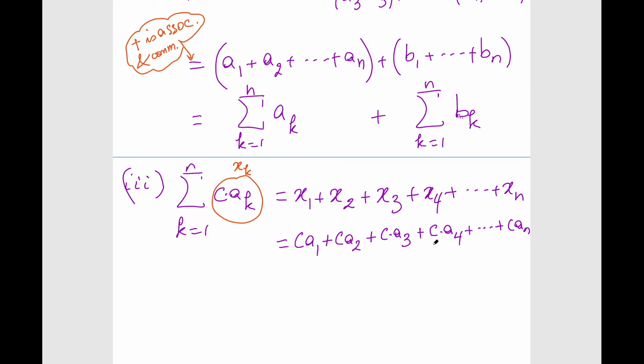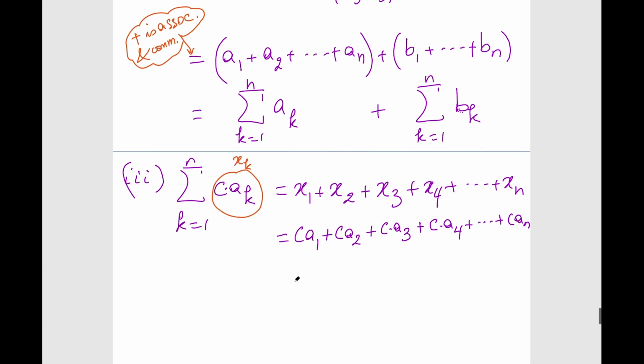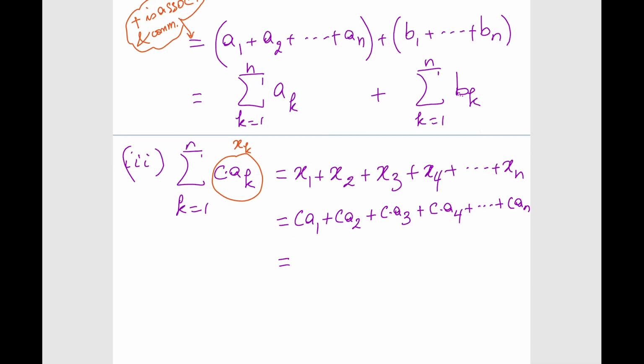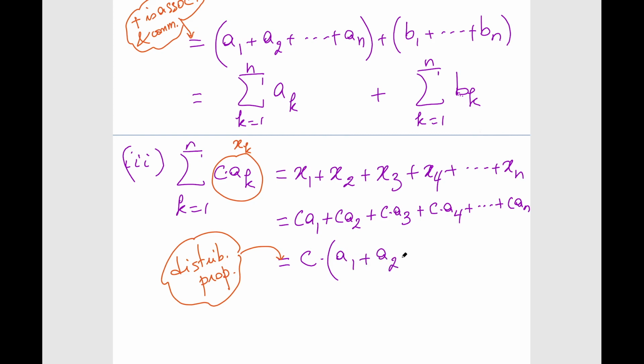Can't you now factor out a common factor c using the distributive property? So you can factor out a c, and this becomes a1 plus a2 plus all the way to an.